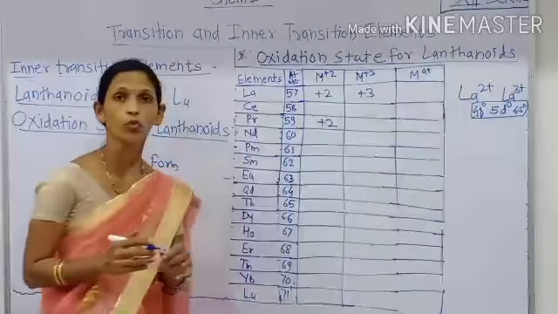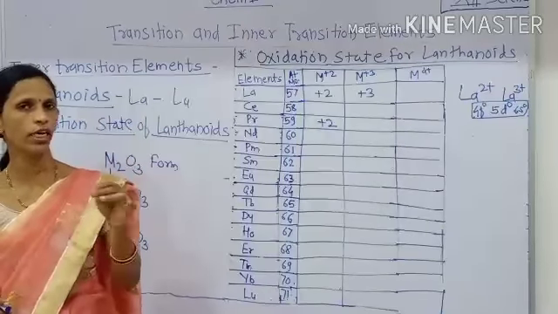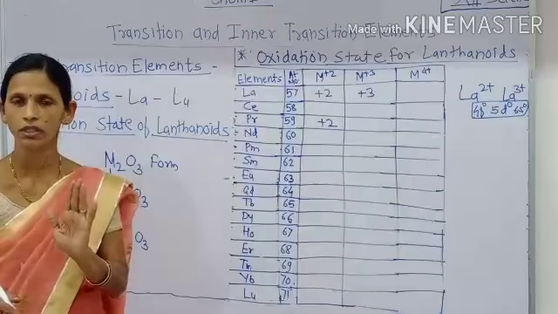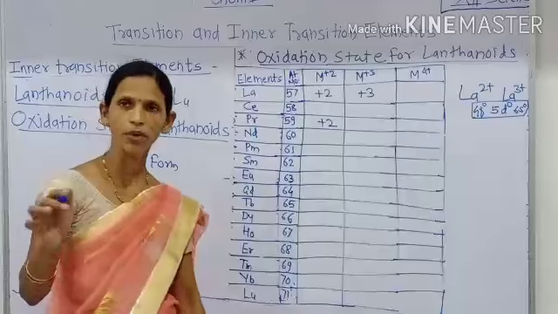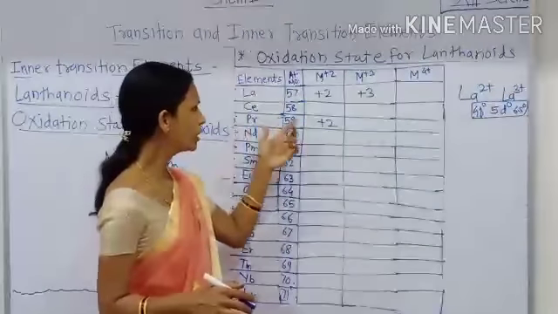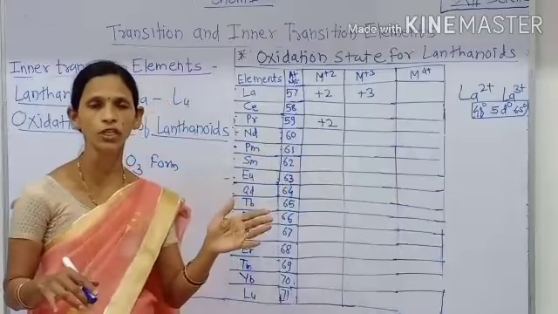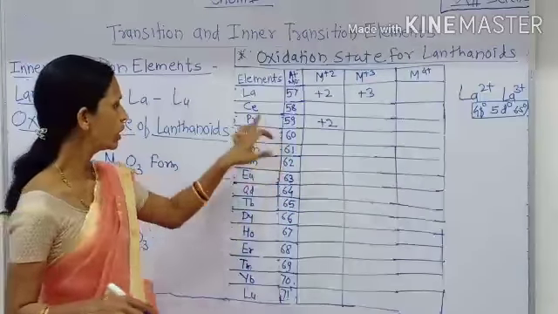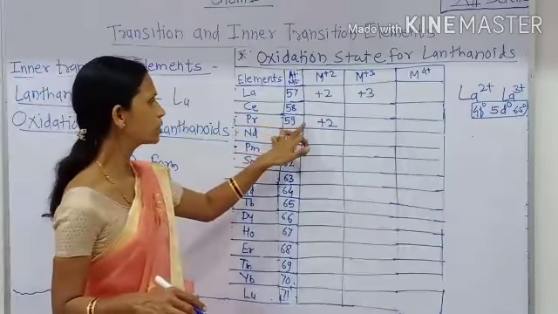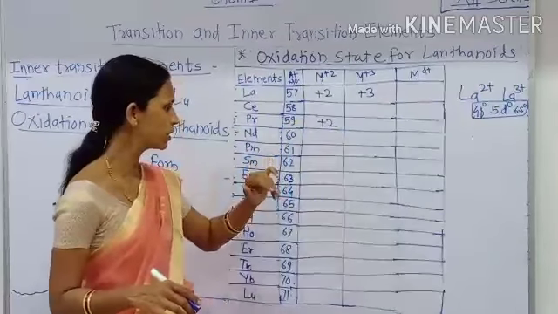When it loses 2 electrons from the 6s orbital, the remaining electronic configuration is 4f3, 5d0 and 6s0 for praseodymium in the +2 oxidation state.